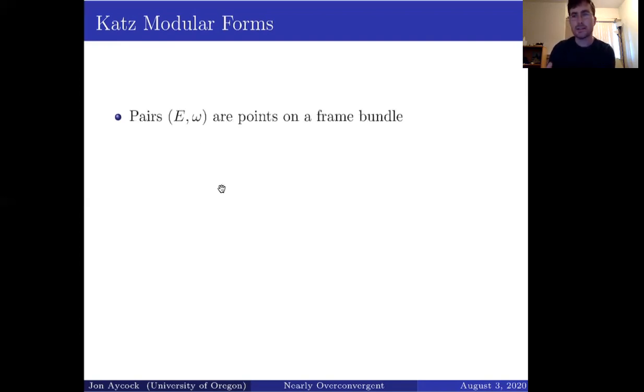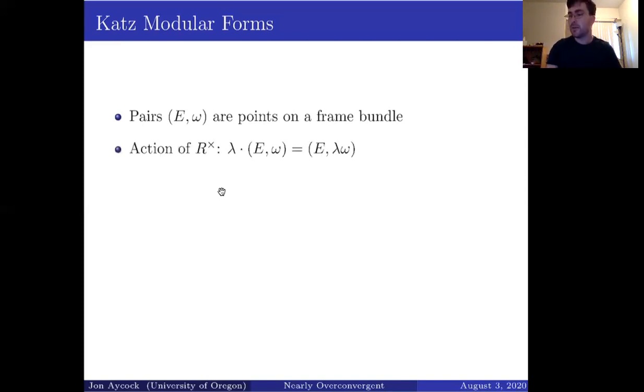So taking this a little bit further, these pairs E comma omega are actually points on what's called a frame bundle. And this frame bundle has an action of the units. So this frame bundle is a fiber bundle, and the points of the base are these elliptic curves with level structure. There are these E's, and a point on the fiber is supposed to give you a frame for a certain line bundle.